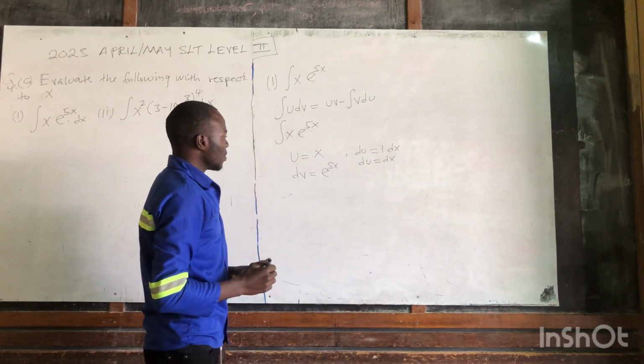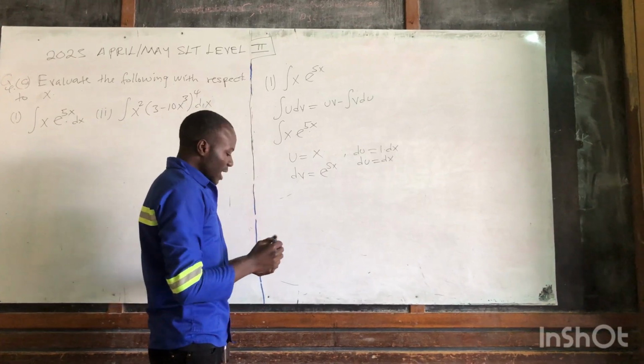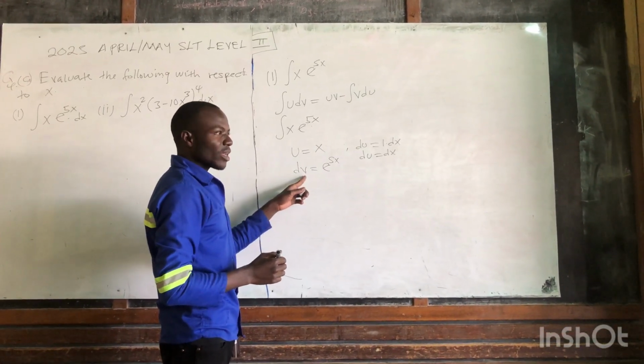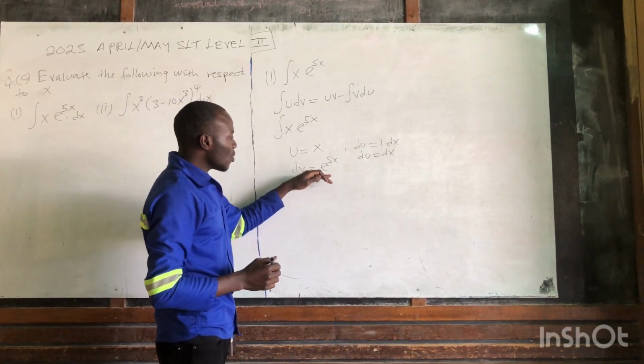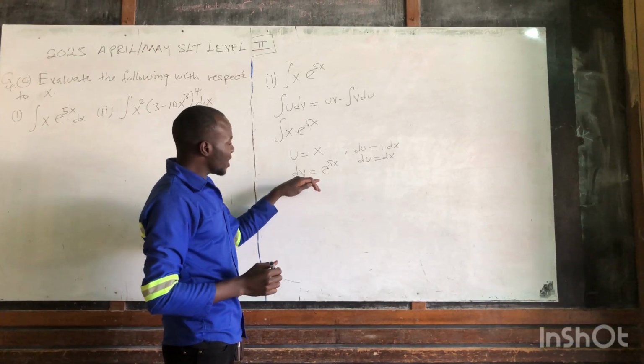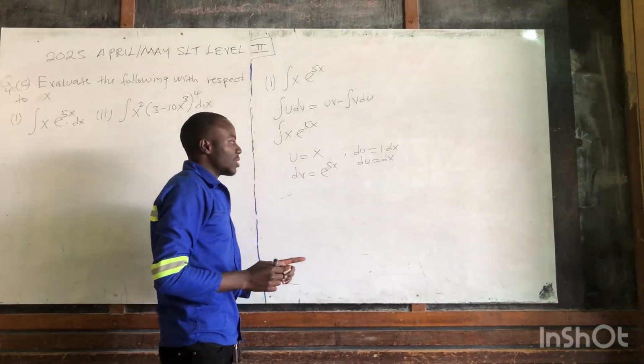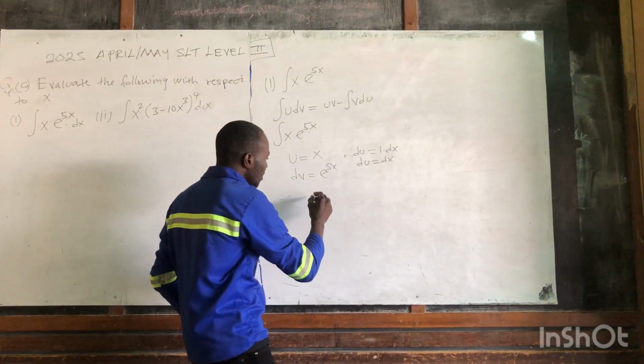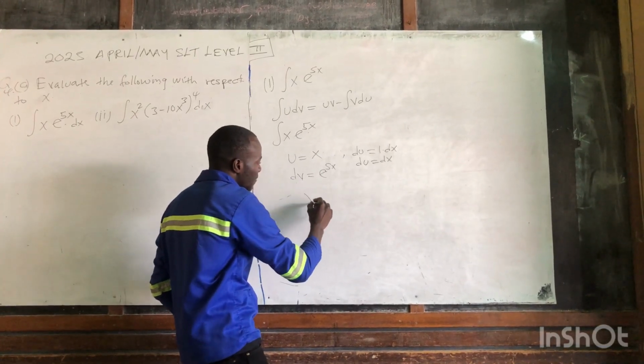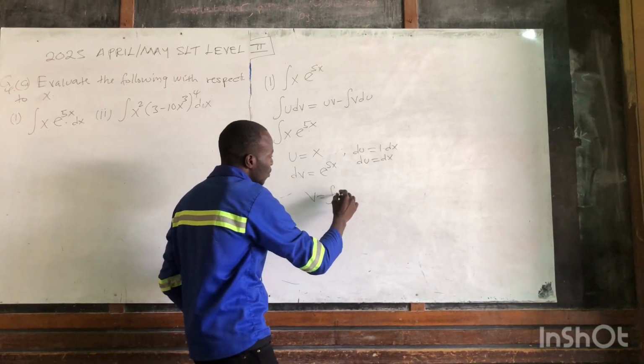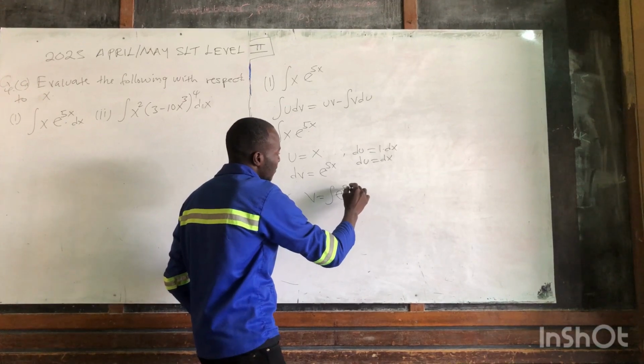Then what else do we need? We need v. Since dv is the differentiated part, to get v we are going to integrate it. So v is the integral of exponential 5x.